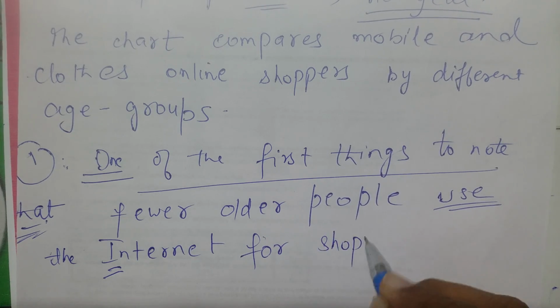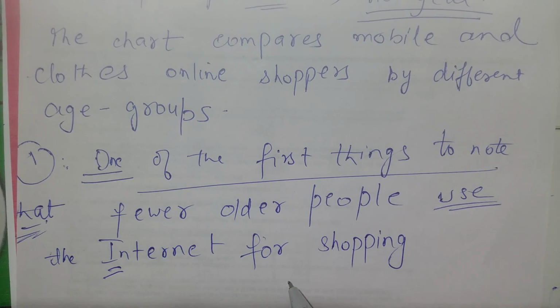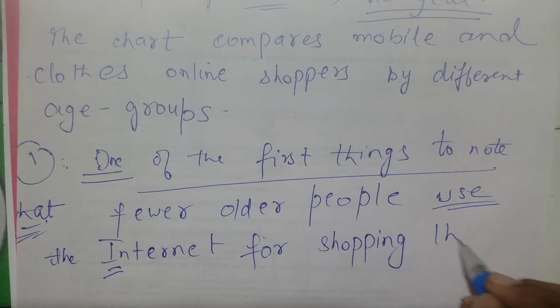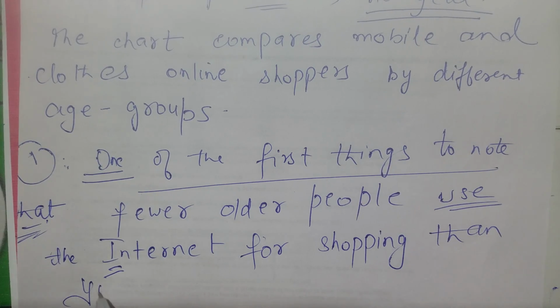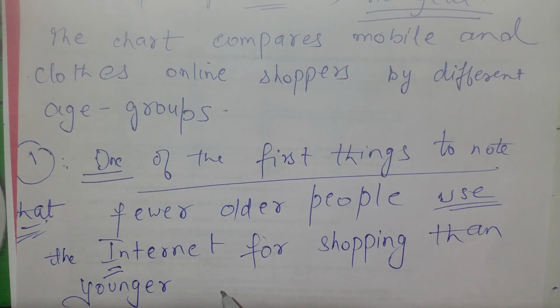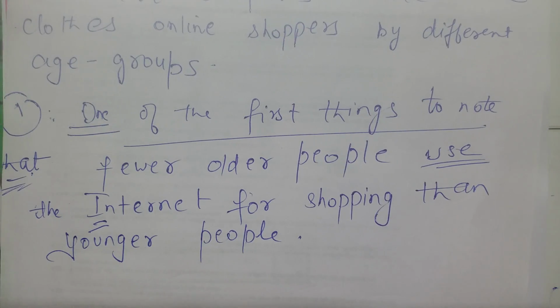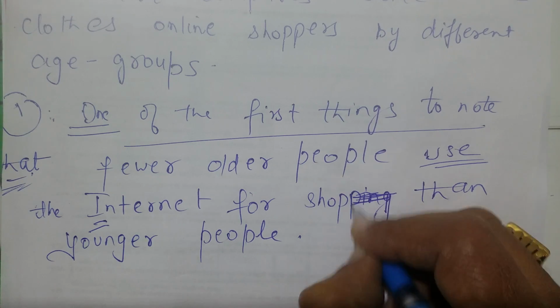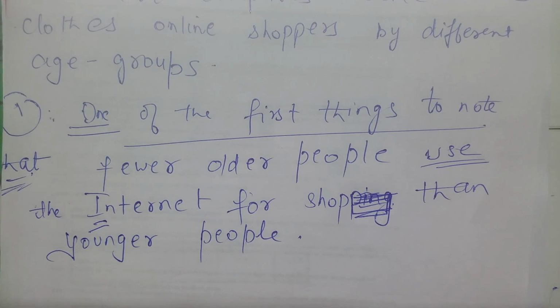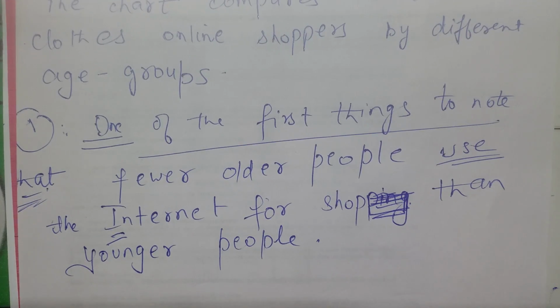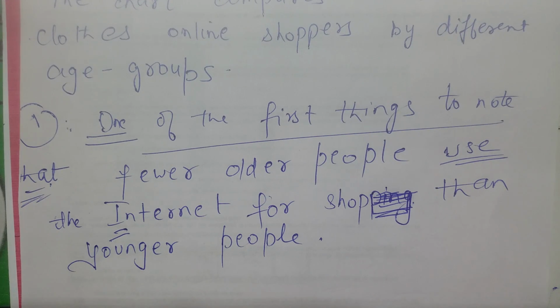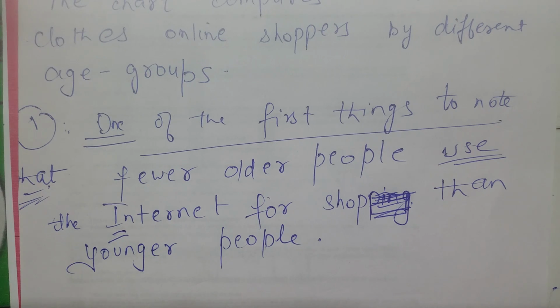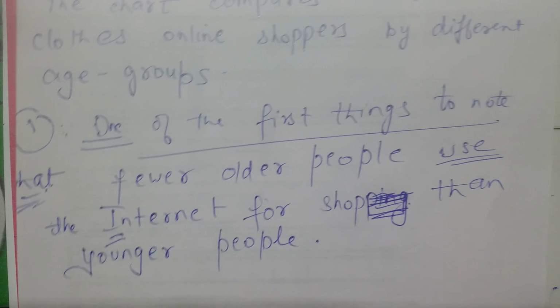For shopping, then younger people, right? So it's better to change shop, because for is there. One of the first things to note that here older people use the internet for shop less than younger people. So this is the point, right?